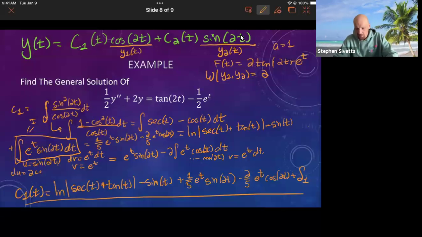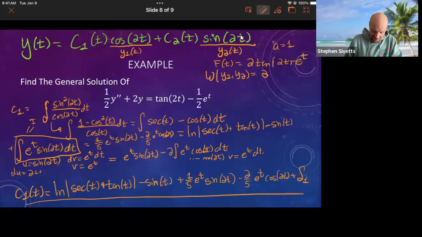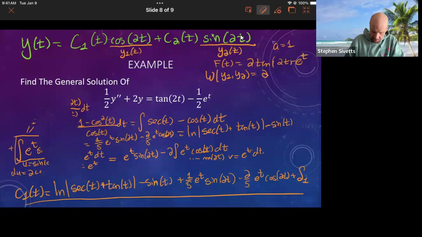All right, great, that's C1. First half is done. And then the second half, we just solve for C2, right?